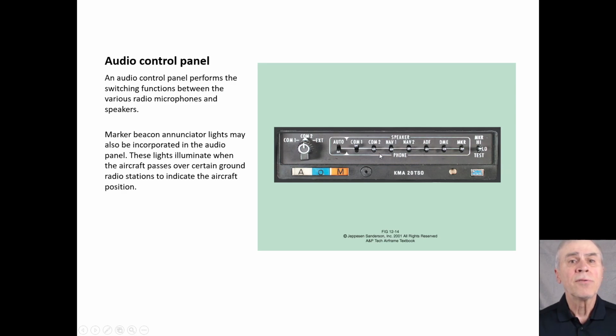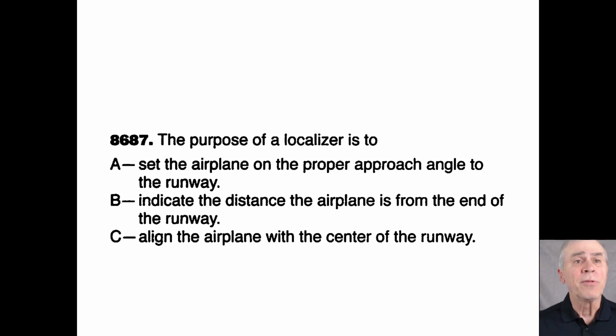It doesn't. I don't see that this controls various speakers. Okay, that's what it would be. Speakers and the microphones, but you don't usually use those for ILS. This is just for your marker beacons here. Which I guess the text is basically saying the same thing.